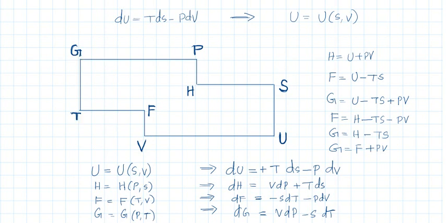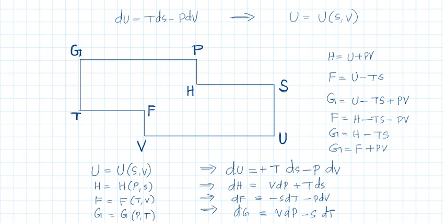For G, there is one to the bottom, one to the right. So there are terms to right, left, top, bottom. If you have a term to the right or top, it should be taken as positive. And if you have a term to the bottom or left, you should take it as negative.